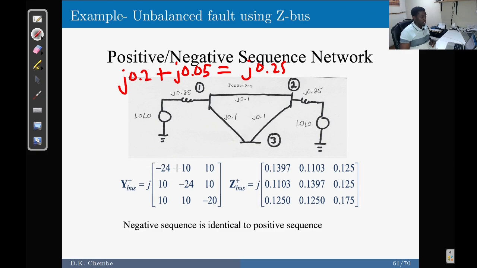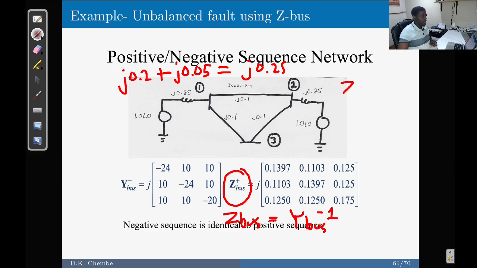Then you use inversion to get your Z-bus, the inverse of the Y-bus, and this is what we obtain. So this is the Z-bus for the positive sequence. Take note of that.